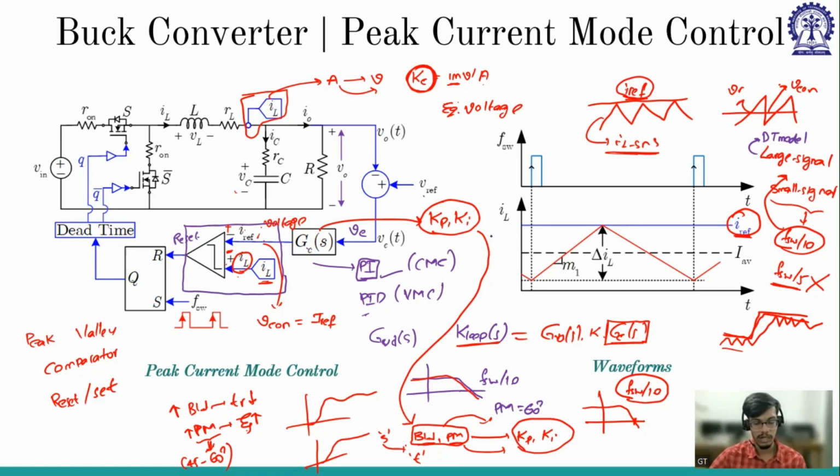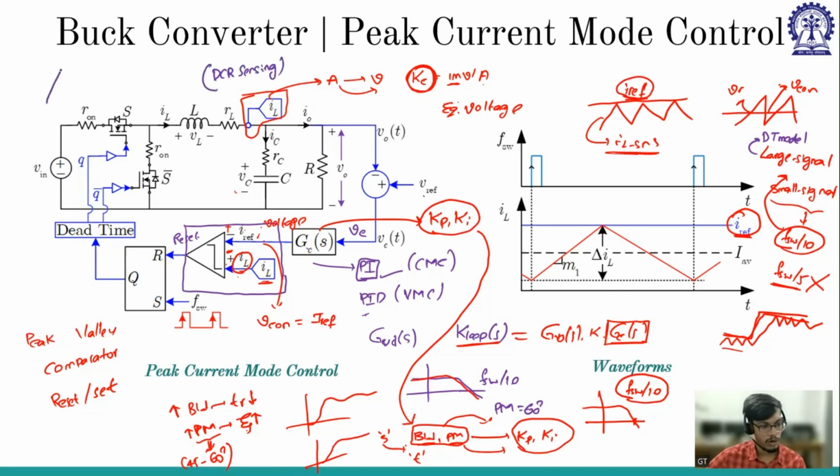So let us move away from the controller design part. Sir, it is said that measuring IL is difficult in previous lectures, and another method is used to get IL from voltages. In this course, I will be measuring IL using something called DCR sensing, and we'll use that for current mode control.